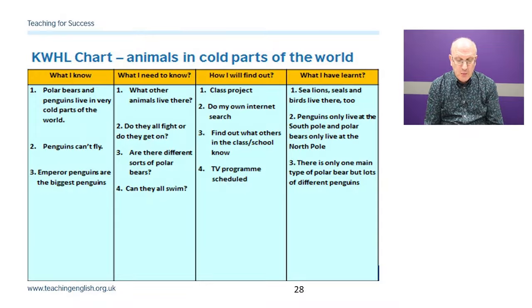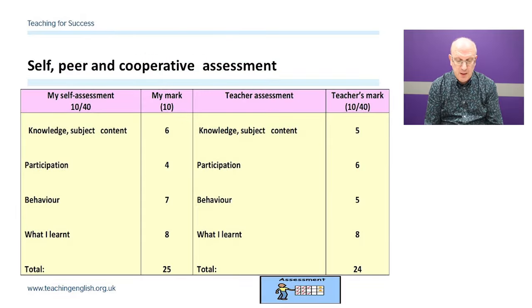Now, another way of looking at it is what we call self and peer assessment. We look at this next slide in the pink and yellow box. In lots of classes in the UK, this is what actually happens. At the end of a lesson, learners will mark their own work.